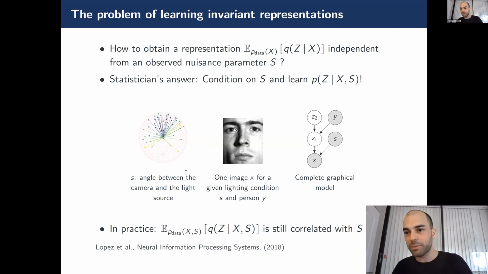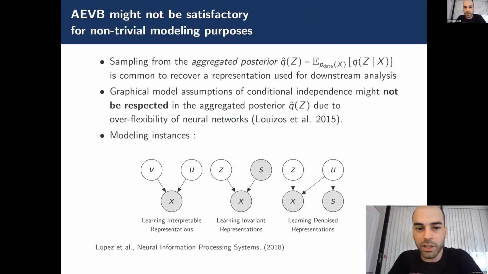Sometimes it is, sometimes it's not. For the batch effect it works, but here is really an example where it didn't work. And scVI with the cell cycle, for example, also suffered from this problem. It turns out it's a problem that comes from the overflexibility of the neural net used in parameterizing the variational distribution, and it affects all of these issues.